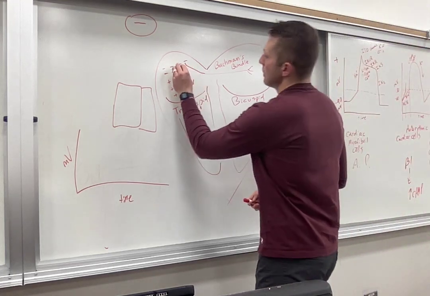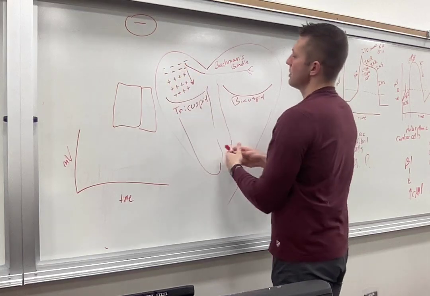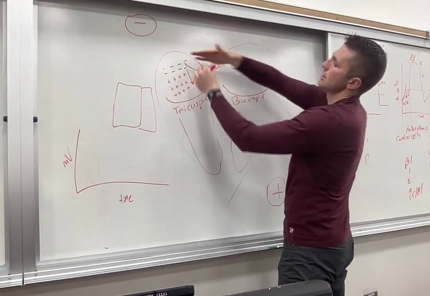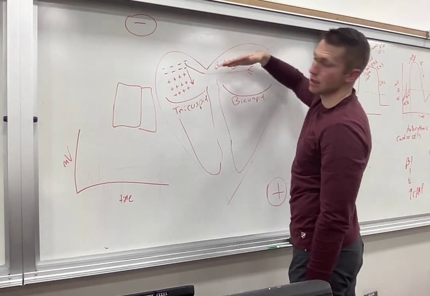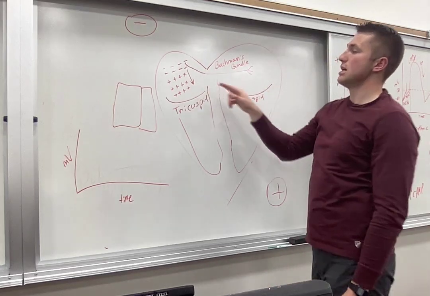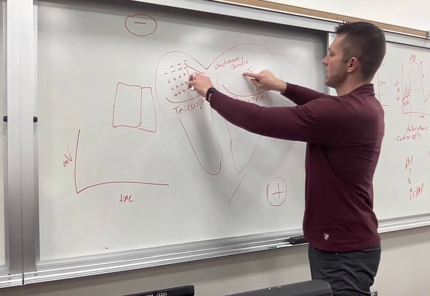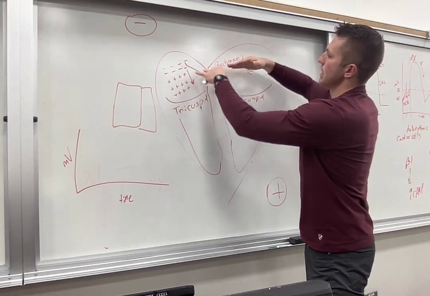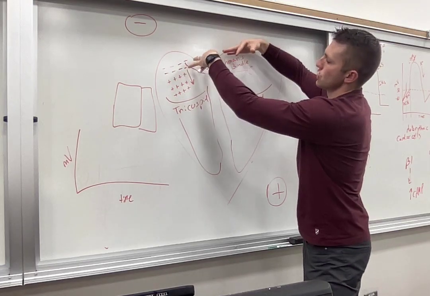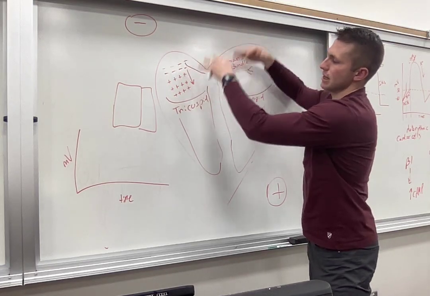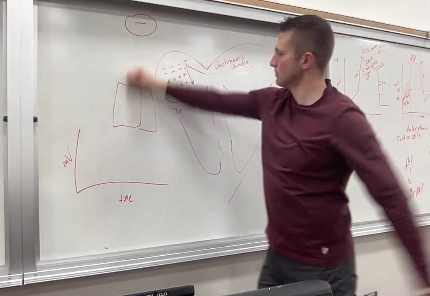So even though it starts here in the SA node, it basically starts the whole way across, because Bachmann's bundle allows that action potential to travel so fast that it's almost like it's just starting evenly at the top of these atria.